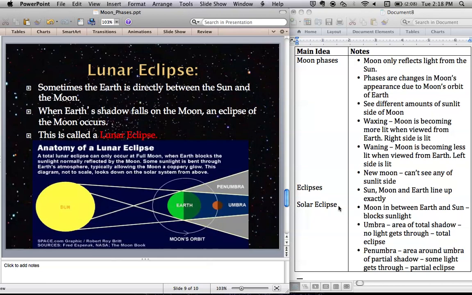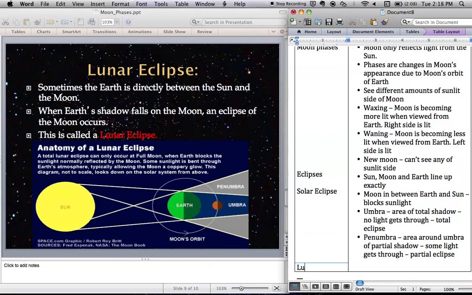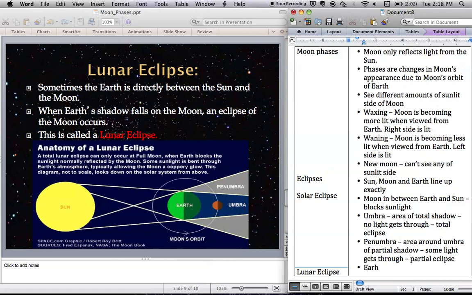The other type of eclipse we can have is a lunar eclipse, and this is our last one. So we have a lunar eclipse, and this is when the Earth is in between the sun and the moon, and it blocks sunlight from the moon.